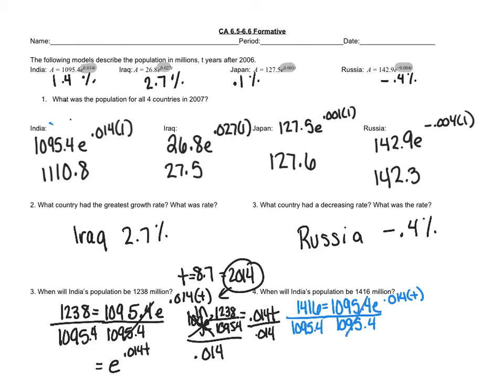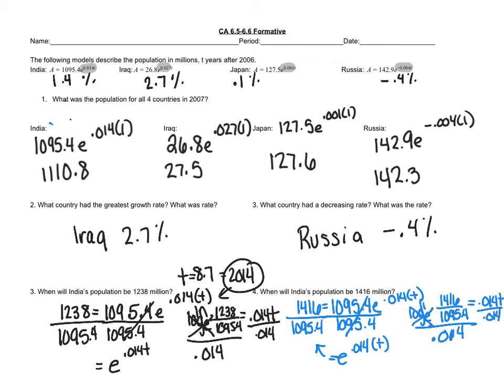That cancels. So now we have e to the 0.014t equals that. We're going to go to log form, log e, answer equals exponent, and then divide by 0.014.